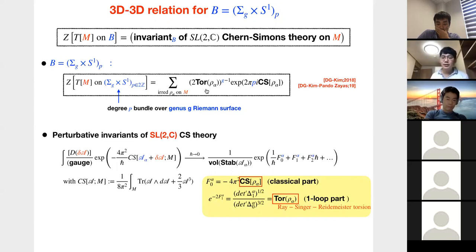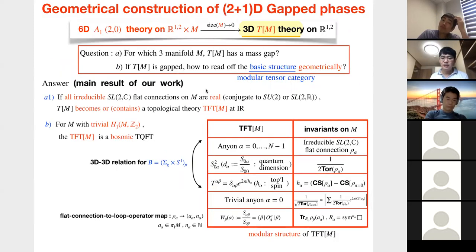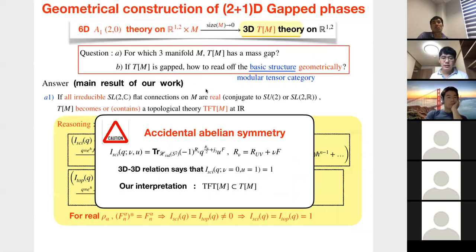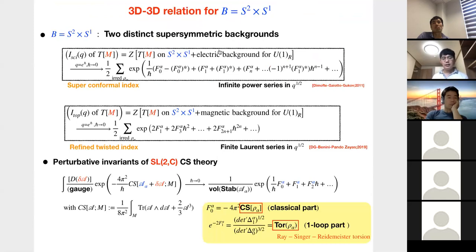Could you go one slide ahead? Sorry, one more ahead. I think you wrote some relation. What I want to ask is, do you need this 3D relation to derive this 2D topological phase?